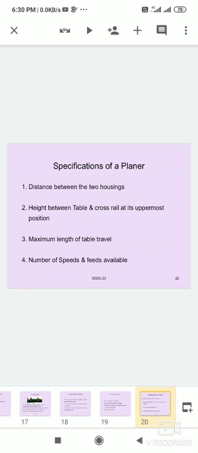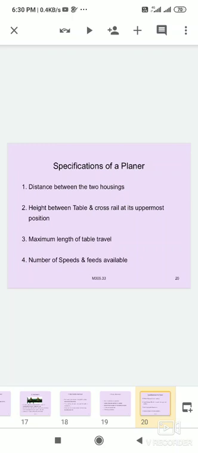These are very important. And the machine is a very important one: which type of material can be produced. These are the specifications of a planer. The size of a planer is specified by stroke length or size of the table, horizontal distance between the housings, and vertical distance between cross rail and the table.